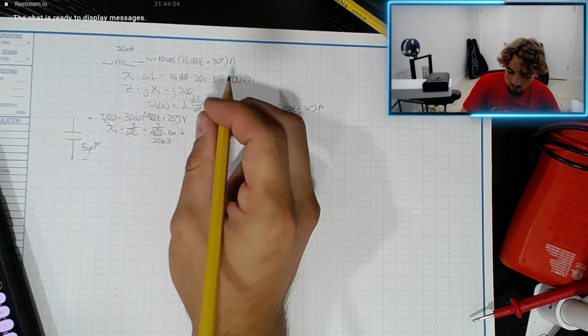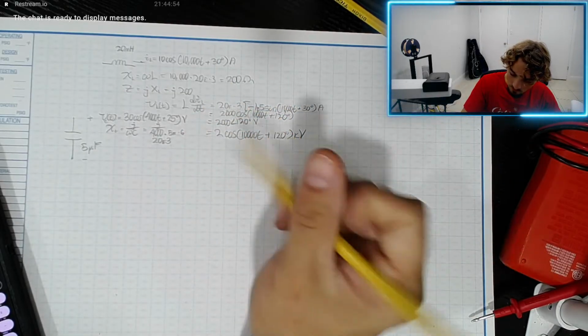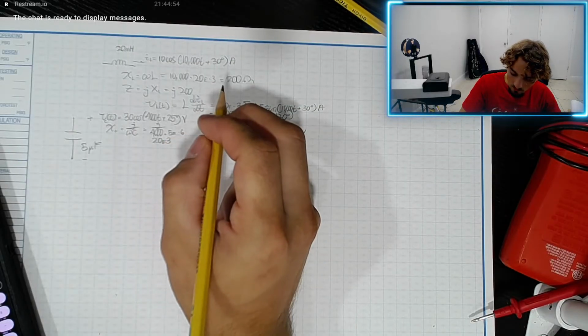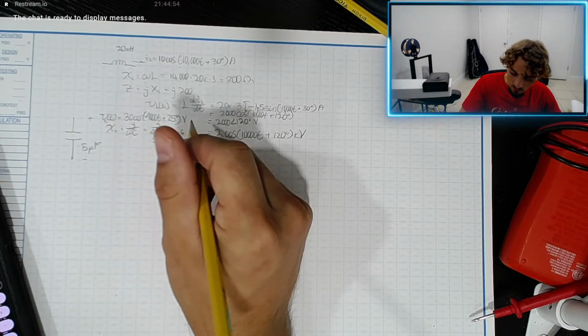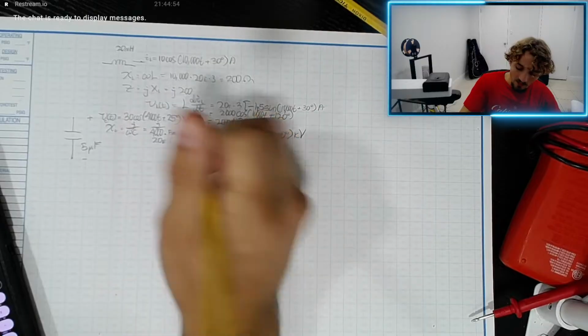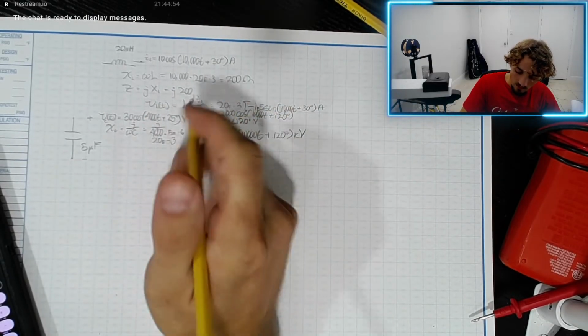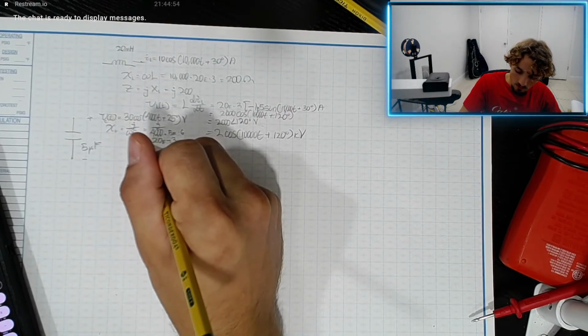Alright, 20 e3. Oh, it'd be negative though. It'd be negative 3. Wait, so 1, 2, 3.